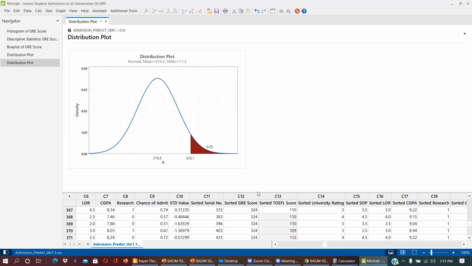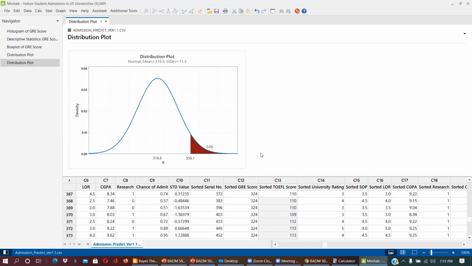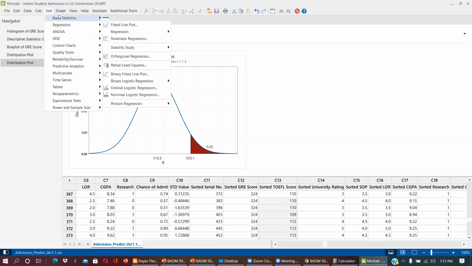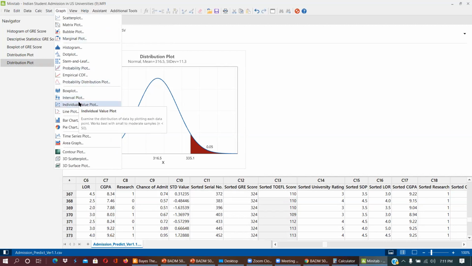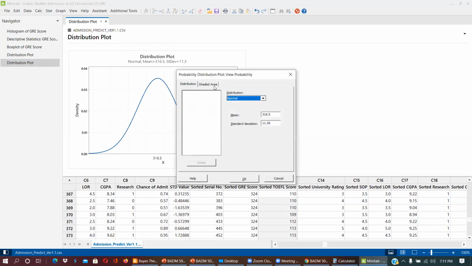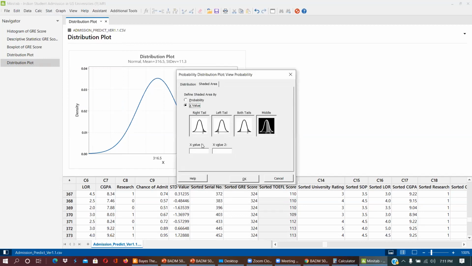Similarly, suppose I scored 330. What would be my percentile value? So I go here, I use exactly the same thing. I'm going to use the X value, and 330 is my GRE score.